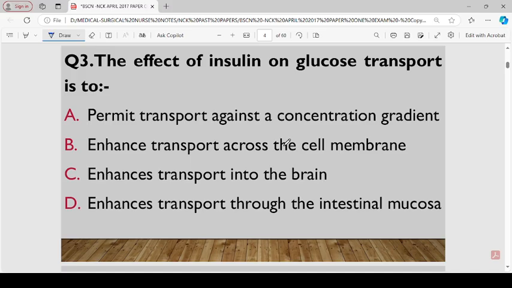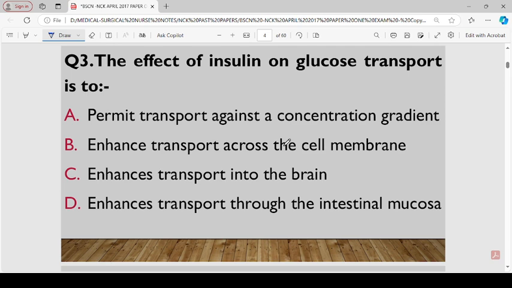As must have been a 3-mark question, right? The effect of insulin on glucose transport is to... insulin, right? Wherever insulin goes, glucose goes. You know that? Yes.